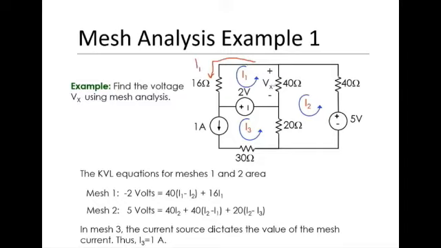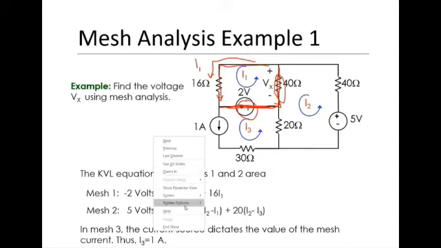The logic in that is, it's not adjacent to any other branch, therefore the current is just defined in this manner right here. Unlike in these two, which are adjacent to a branch, therefore the value of the current through each of these elements changes.